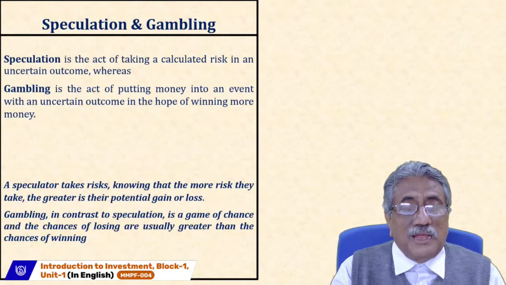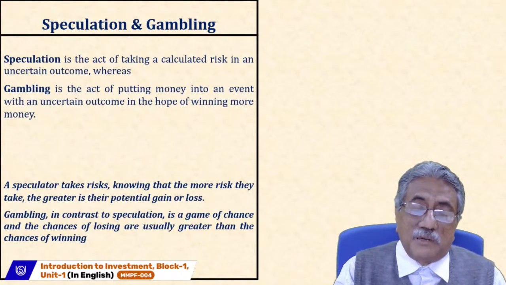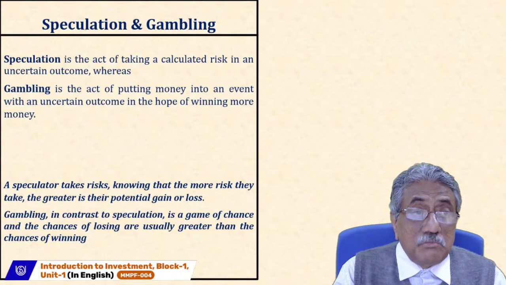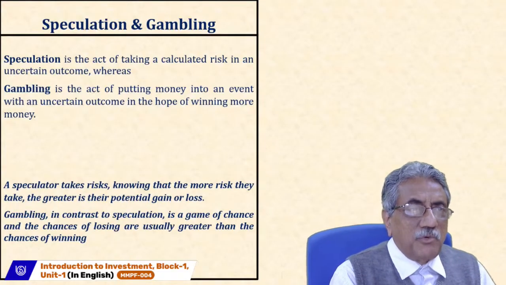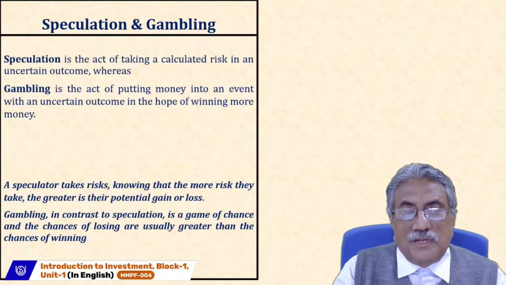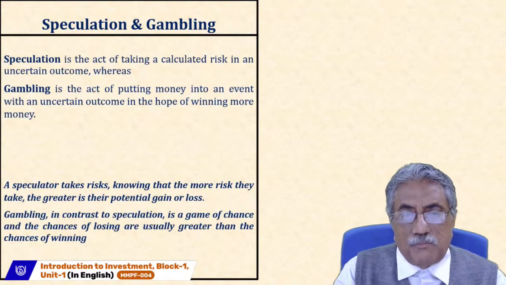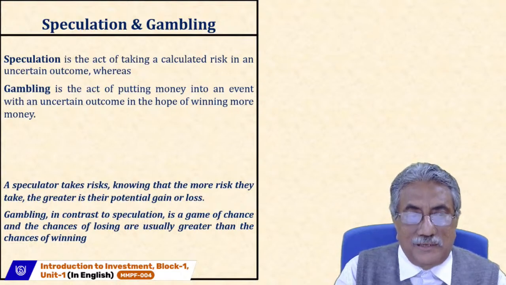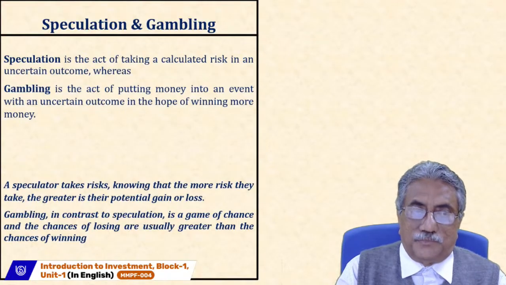People are investing 1 lakh and getting 5 lakhs, and then some people are investing 1 lakh and becoming zero. So don't. But actually, let us see what is speculation and what is gambling. A speculator takes risk, knowing that the more risk they take, the greater is the potential gain or loss.